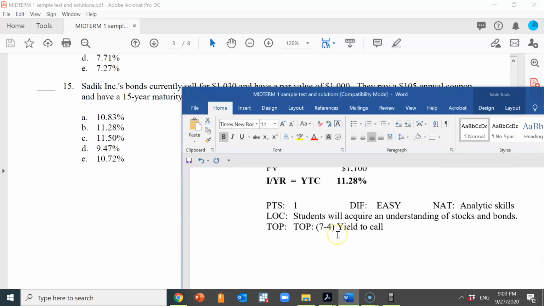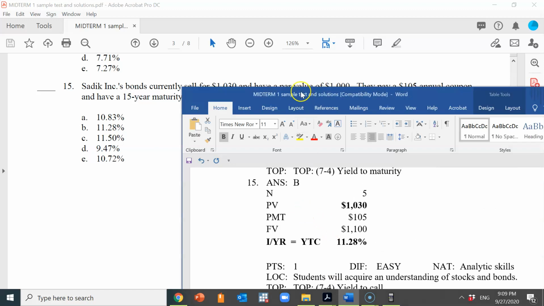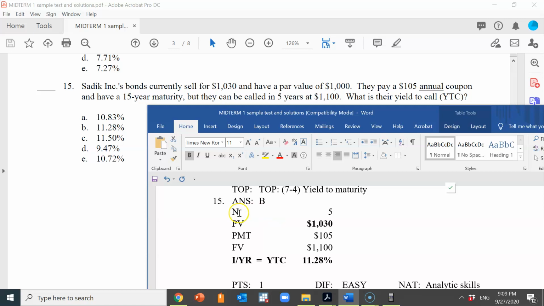Okay, so here we can just input the years to call instead of years to maturity because we're solving for yield to call. Okay, so we input 5 as N, and we input still bond price, negative 1030 as PV. Payment is annual coupon payment, 105.